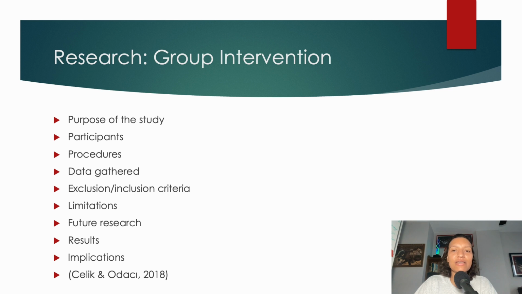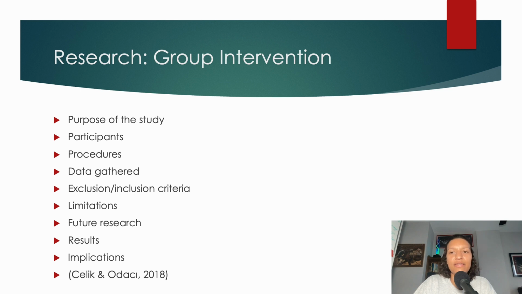The procedure was a 10-week training program, which was focused on academic procrastination. And if you pull up this research article, interestingly, on page 227 of the article, there's actually an outline of each session, which is really nice because sometimes research articles don't really go into depth in terms of what type of training they did or what their actual training looked like.